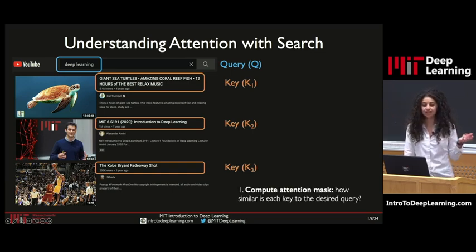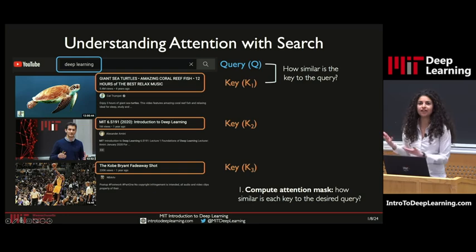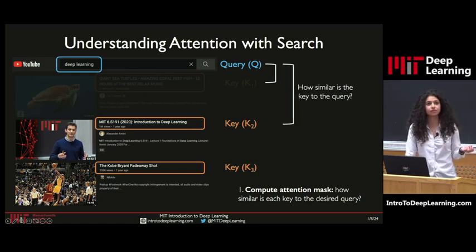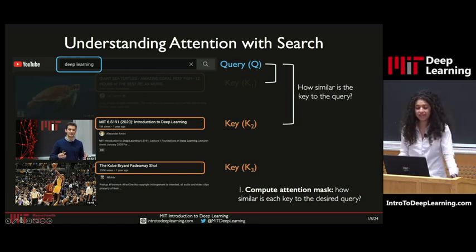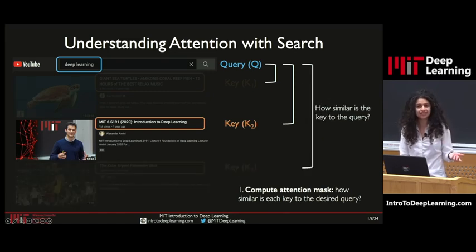Is it this first video of beautiful, elegant sea turtles in coral reefs? How similar is my query to that? Not similar. Is it similar to this second key, the lecture 2020 Introduction to Deep Learning? Yes. Is it similar to this last key?